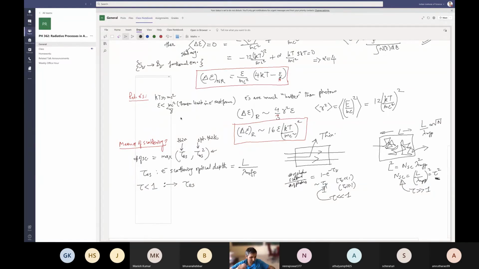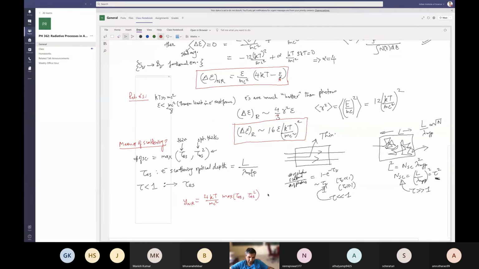So what is Compton-y then? Putting it all together, y non-relativistic is equal to 4 kT by mc squared, maximum of tau es, tau es squared.